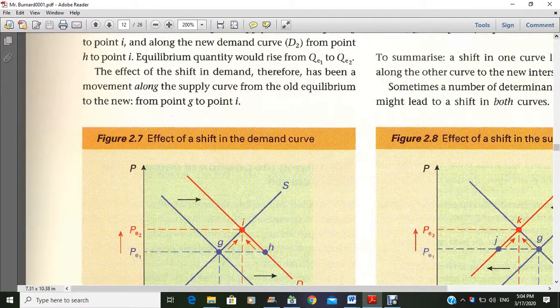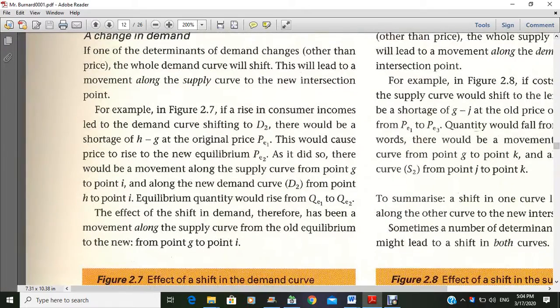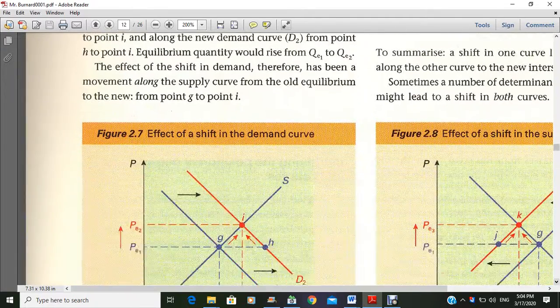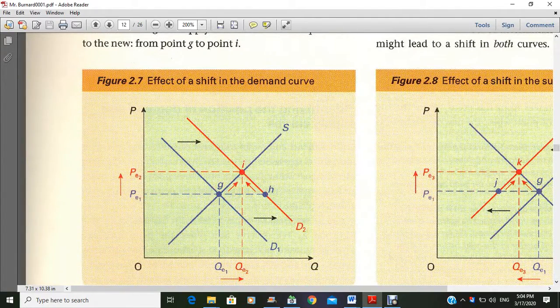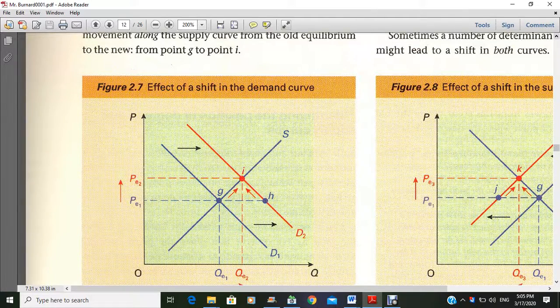Good? Nice. And along the new demand curve, which is D2, from point H to point I. See there? Point H to point I. Because there's a shortage, there's a movement down to point I, to get back to equilibrium.